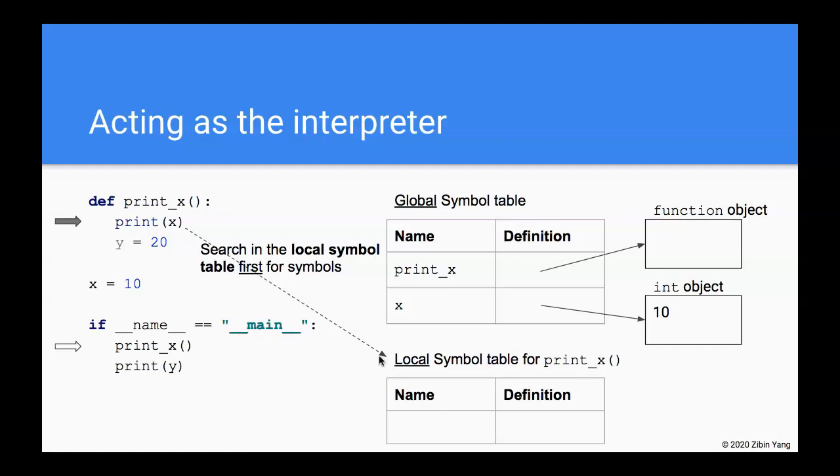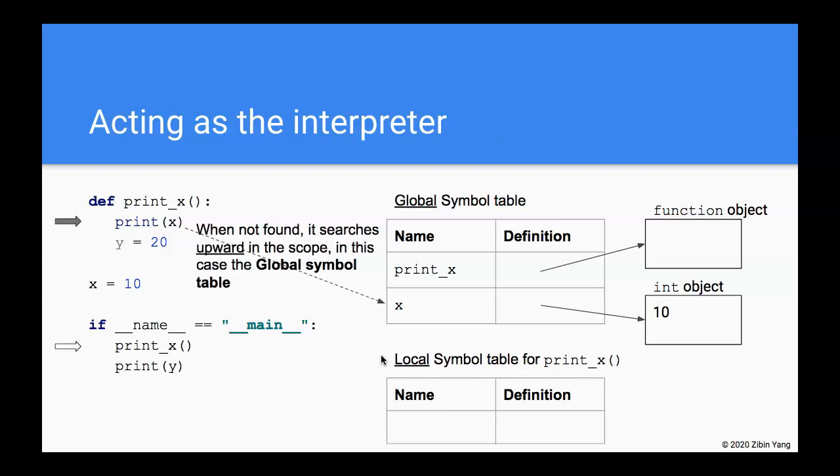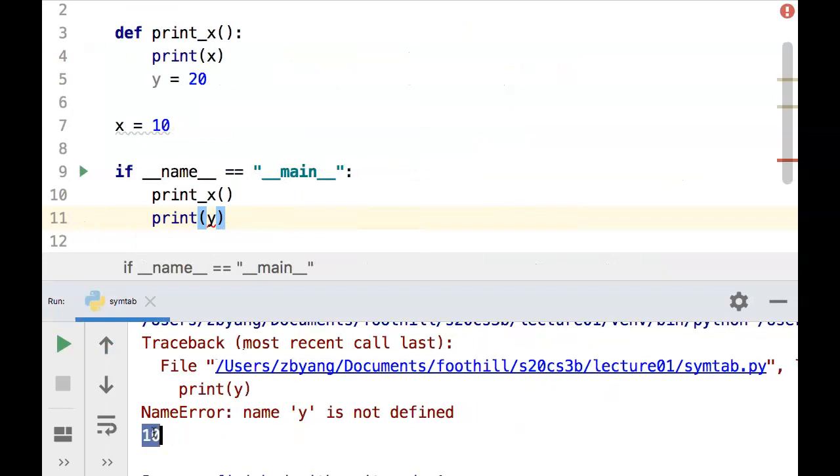So it couldn't find it, but because it's just a local symbol table, the next thing it will do is go up to the global symbol table and see if there's an x there. There is, and it's able to find x and the value of x, which is 10. So it's able to print that out. As you can see, it was able to print out the number 10 here.